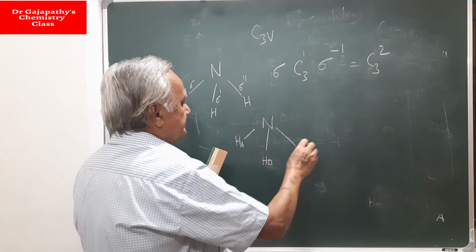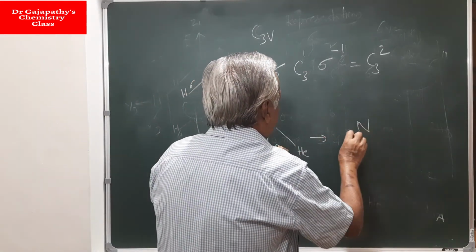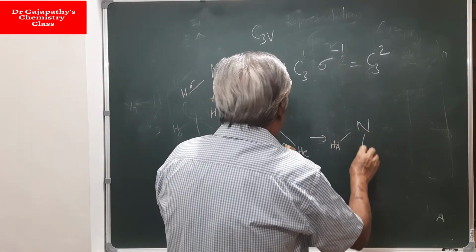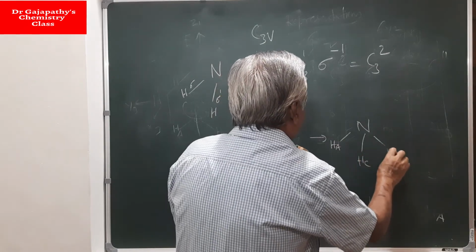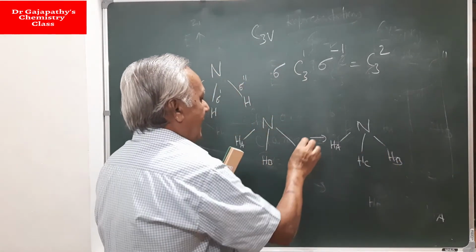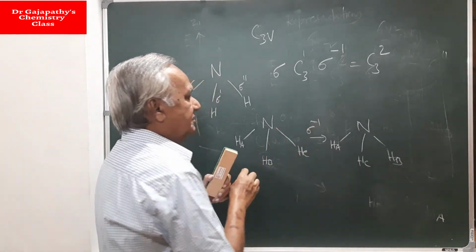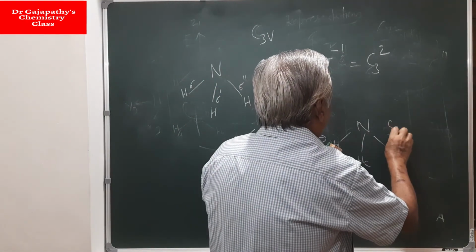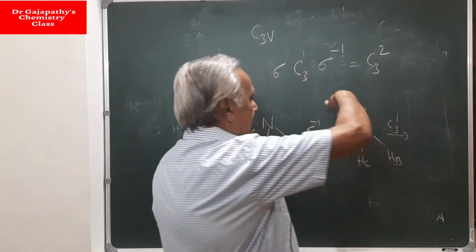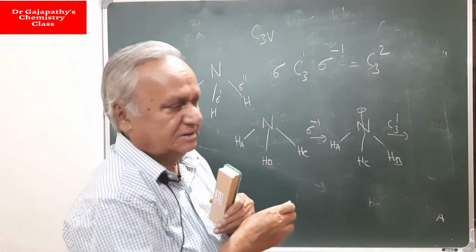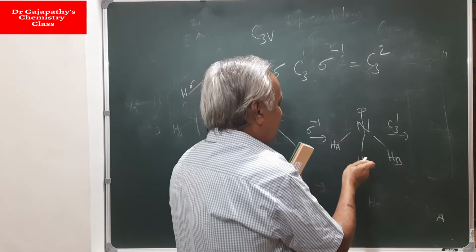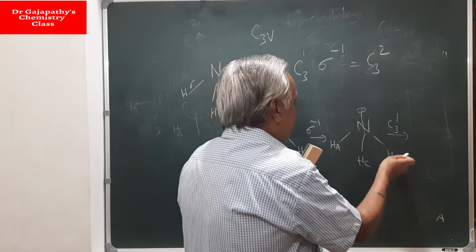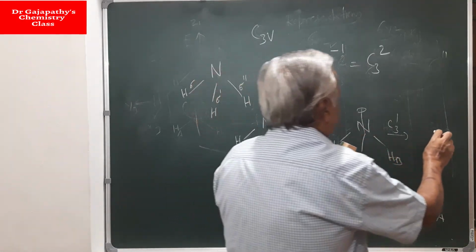If I do so, A will remain in the same position and C will come here and B will come here. I have performed sigma inverse. Let me carry out a C31 operation now, a 120-degree rotation. If I give a 120-degree rotation, C will go here, A will come here, and B will come here.